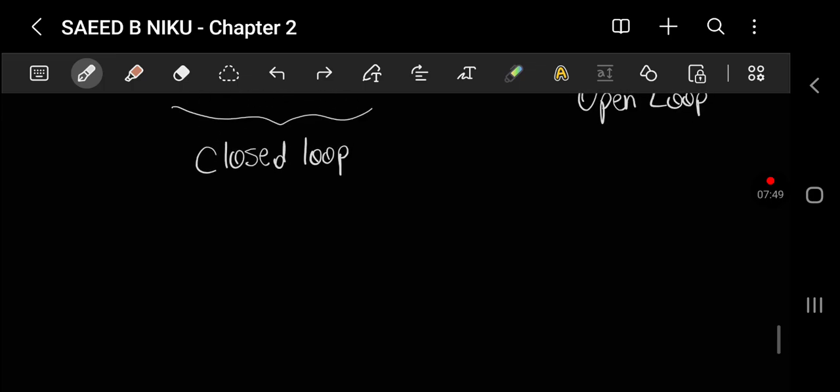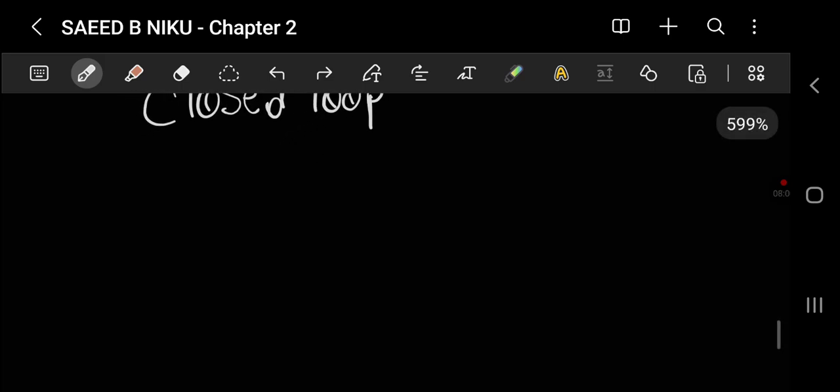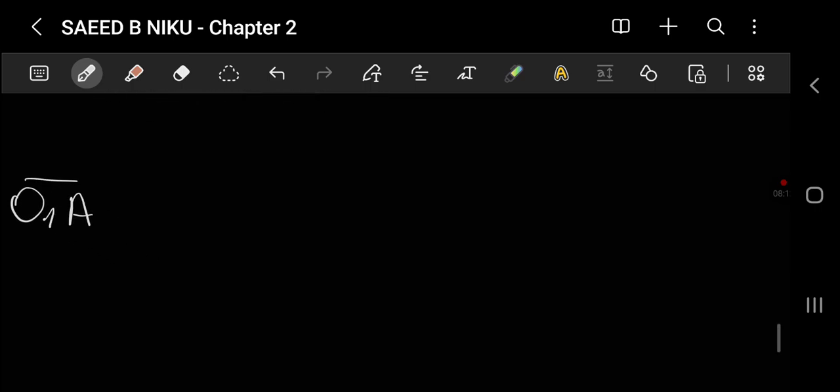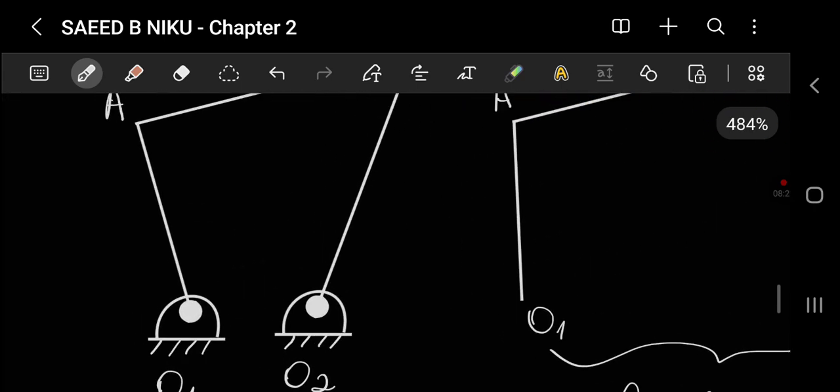In following the book, I'm a beginner on this subject, so I will be following the steps of the book. For this first mechanism of 4-bar, we have this equation. So let's write the equations of these mechanisms now. Easy.